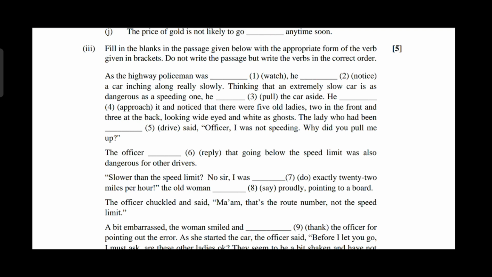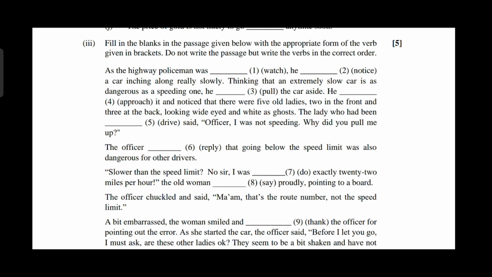Do not write the passage, write the answers directly, but write the verbs in the correct order. Maintain the correct serial. Now, you will read the passage twice or thrice in order to look for clues as to which tense you will need to answer these questions. Read the passage again and again to get an idea and then solve.